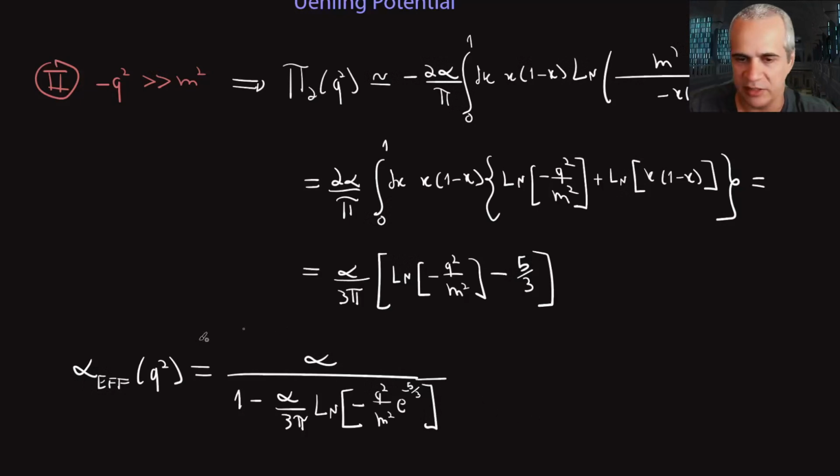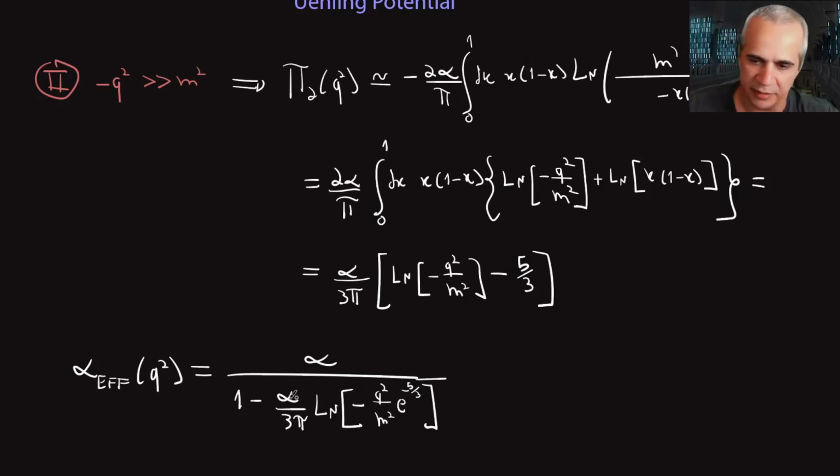So I had defined this effective coupling as alpha over 1 minus pi 2, minus pi, but pi 2 is the calculation I have up to order alpha. And now we have an actual expression for this effective charge.